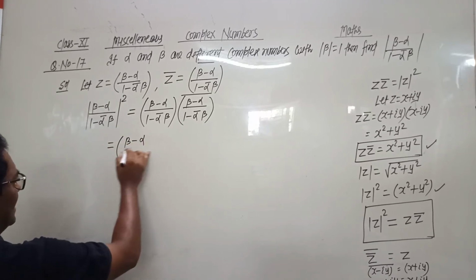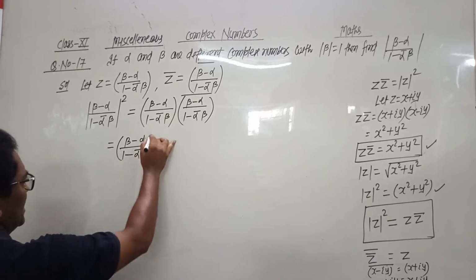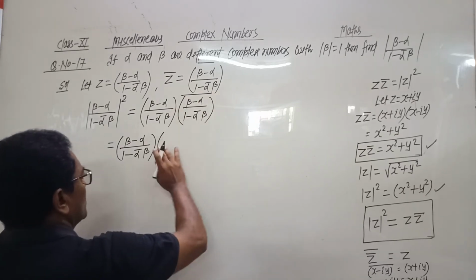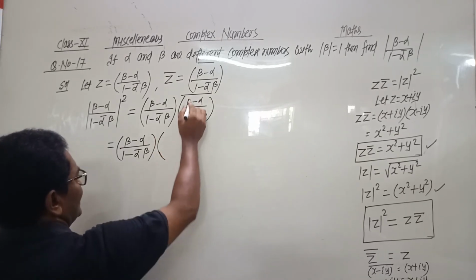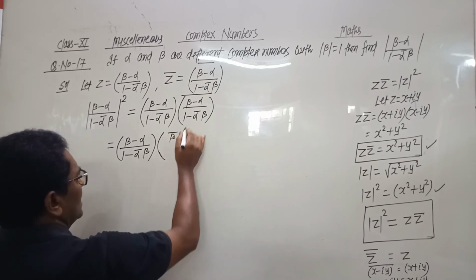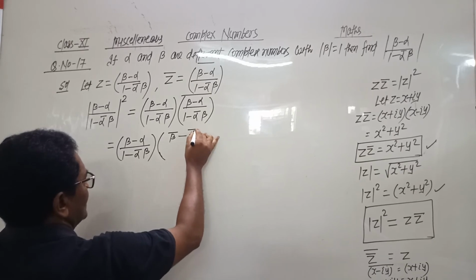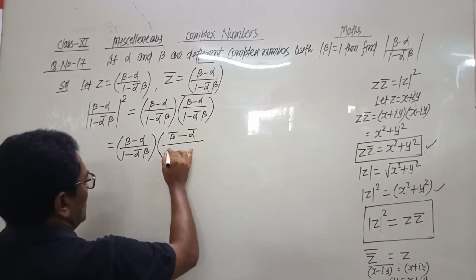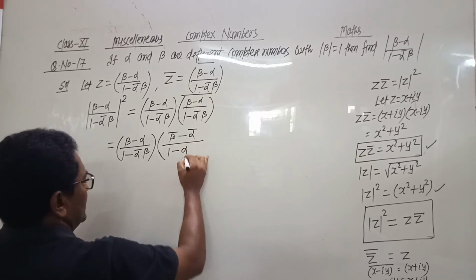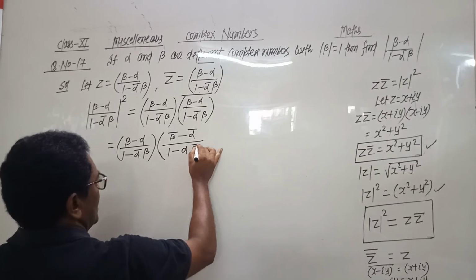Beta minus alpha upon 1 minus alpha bar beta, and when we remove the conjugate, separately in all these terms there comes to be a bar. So beta bar minus alpha bar upon 1 minus alpha bar bar, which comes to be alpha, and beta bar gives beta bar.